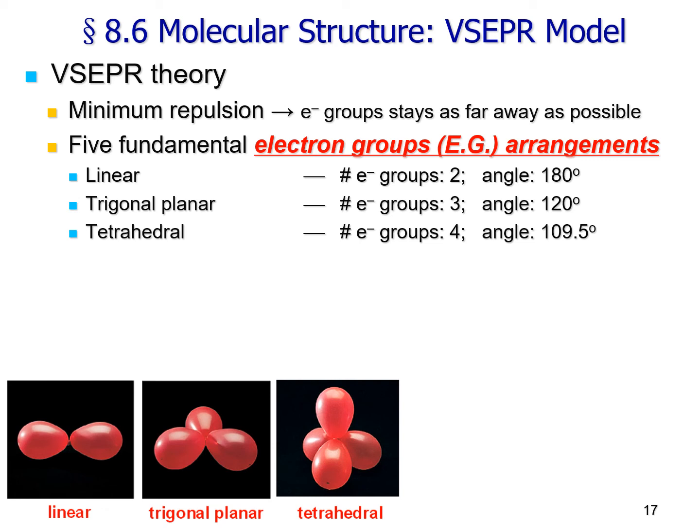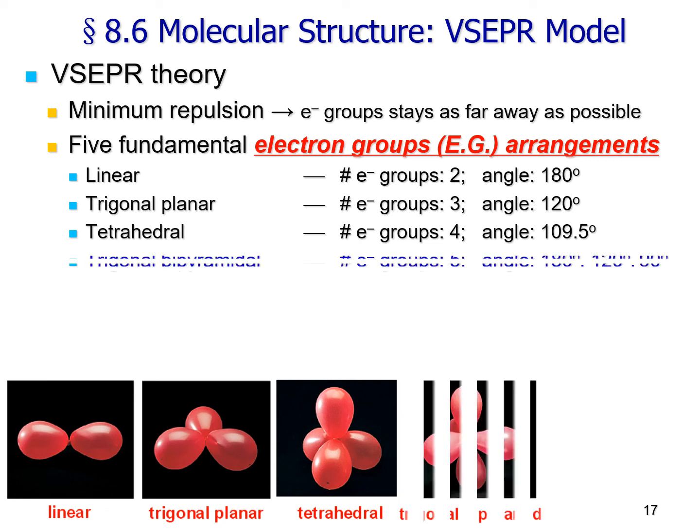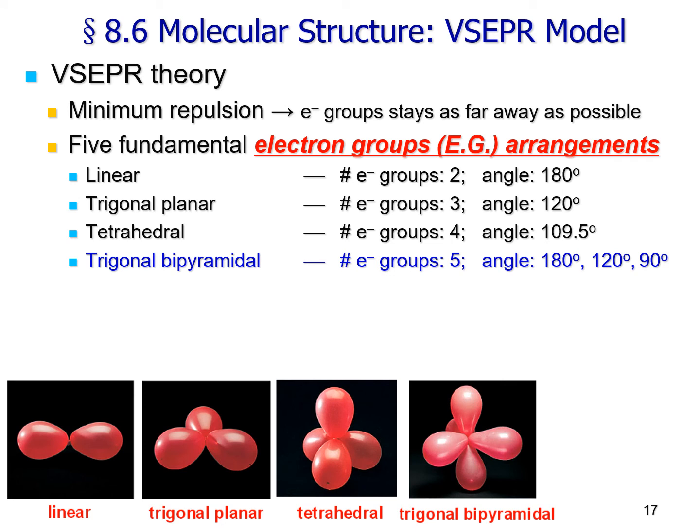And if we want to add the 5th electron group, the only place, the best way to do it, is from the bottom. And by adding another one, the repulsion will have these 3 electron groups going back to horizontal. Now we have a new geometry we call trigonal bipyramidal. It is the only geometry for 5 electron groups.